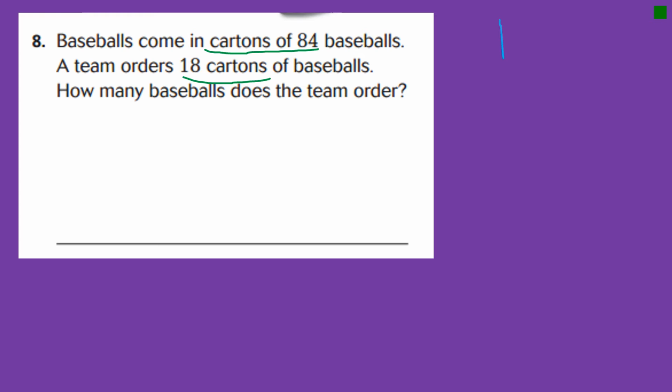18 cartons of 84 baseballs. Are you with me? Okay, so let's practice the multiplication algorithm, or multiplying with place value, or whatever they call it, right?